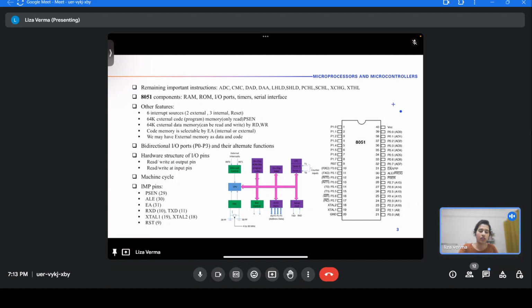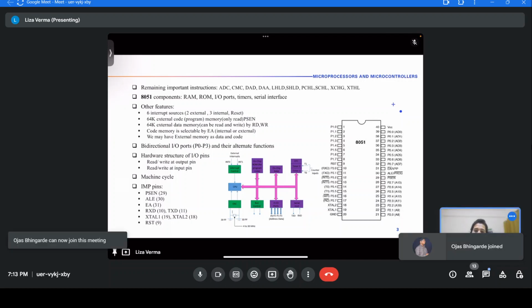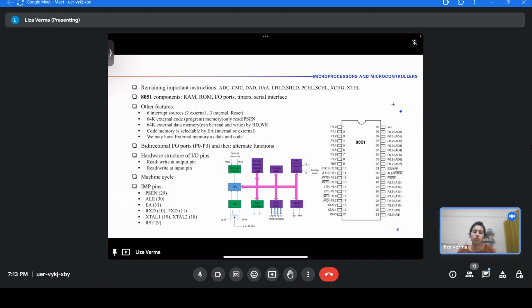So basically the only difference is having memory and not having memory, right? Any microcontroller would have memory on the chip, a microprocessor wouldn't. The basic components will be RAM, ROM, I/O ports, timers, and serial interface.